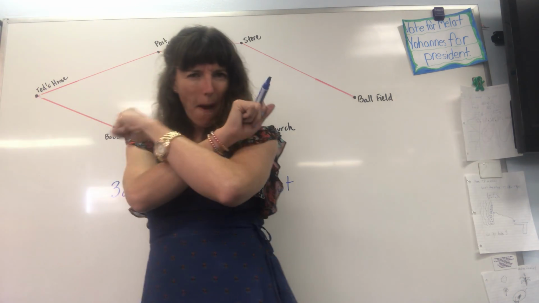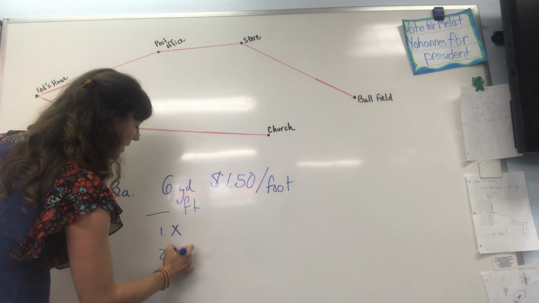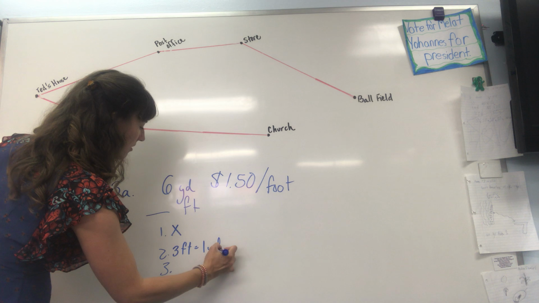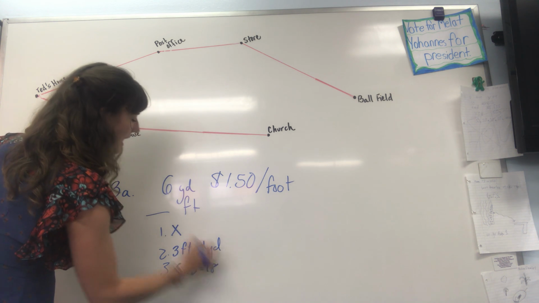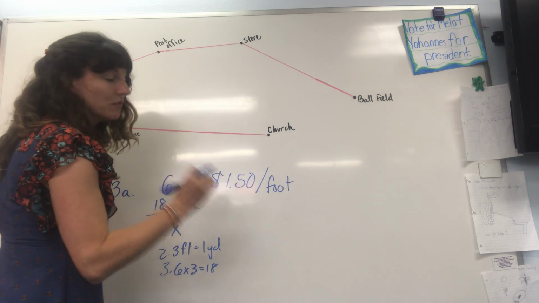Yards to feet, multiply. There are 3 feet in 1 yard. 6 times 3, 18. So she bought 18 feet, and now it's $1.50 per foot.